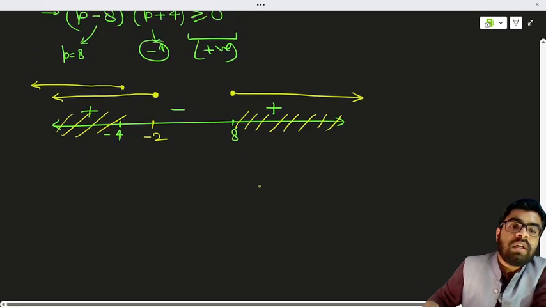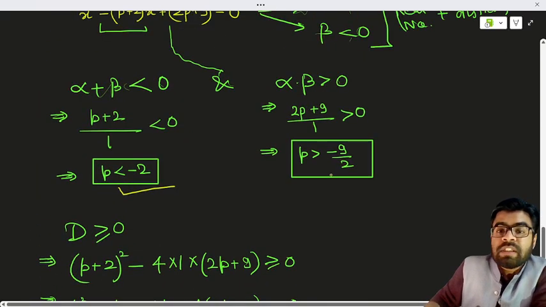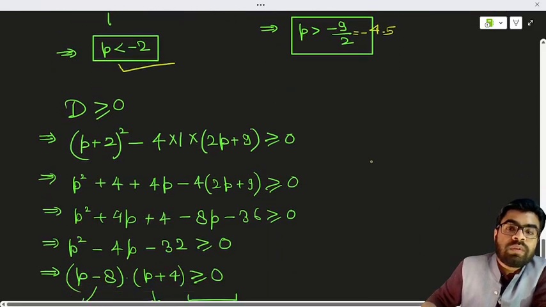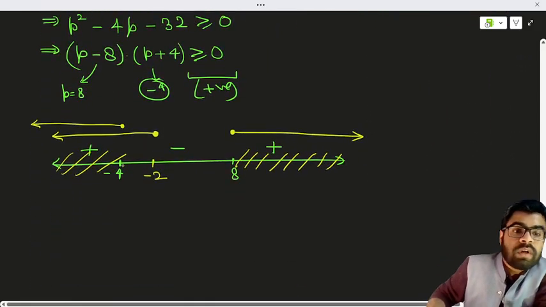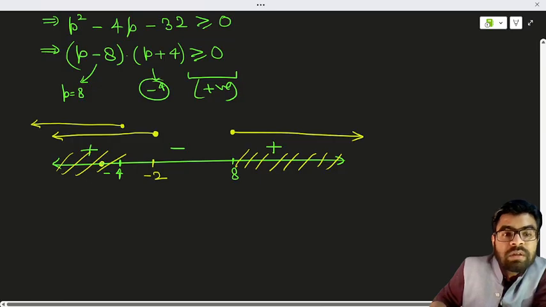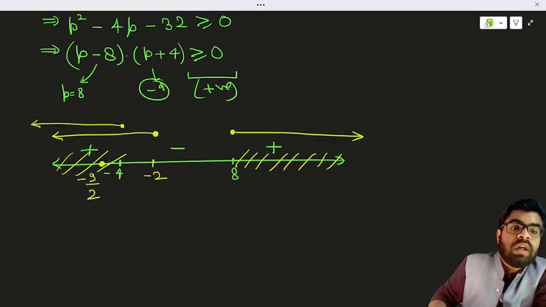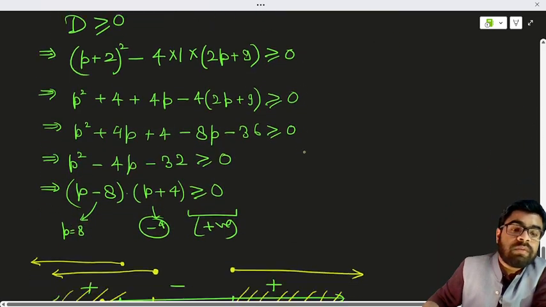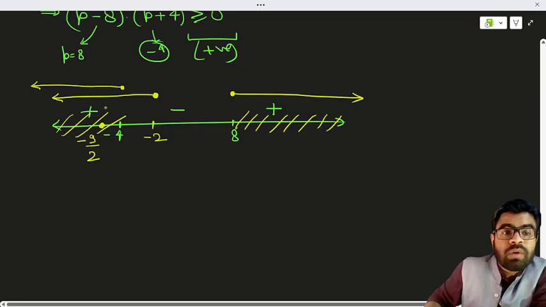लाइक दिस. नाउ एक इनइक्वालिटी हमें और मिली थी, दैट इज -9/2, which means you can say it is approximately -4.5. So where it will be -4.5, this will lie here, it is -9/2. और -9/2 क्या होना चाहिए? p is greater than this value, which means p की वैल्यू यहाँ से बड़ी हो जाएगी, like this.